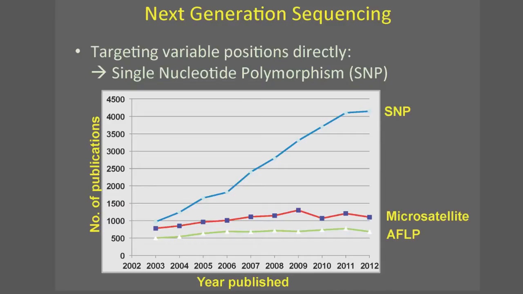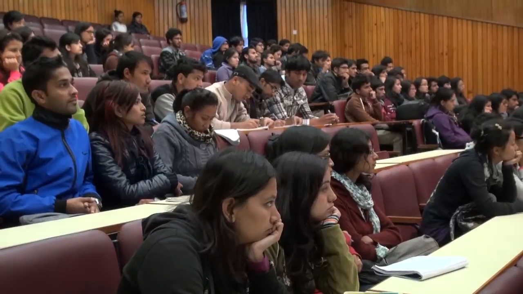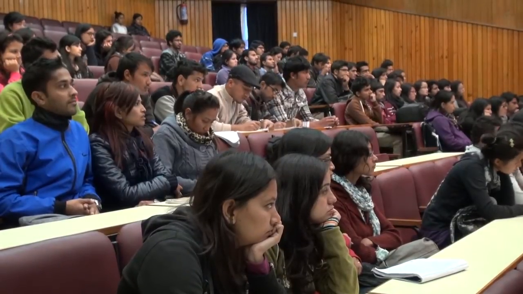And the graph here shows that even microsatellites and AFLPs, we didn't really speak about that, but it's another type of genetic marker, they're still quite widely used, but you see a very steep increase in the use of what we call SNPs. And SNPs, single nucleotide polymorphisms, actually it's just the same as a point mutation.